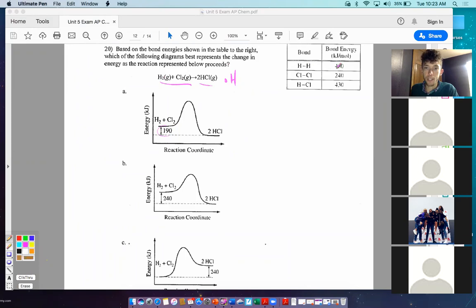So my delta H is going to be, looks like I'm breaking a 430, breaking an H-H, I'm breaking a Cl-Cl, and then subtract away from that the energy that comes out when you form new bonds. It looks like I am forming 2 H-Cl bonds. So 2 times 430. That's going to tell me the overall energy change of this chemical reaction.